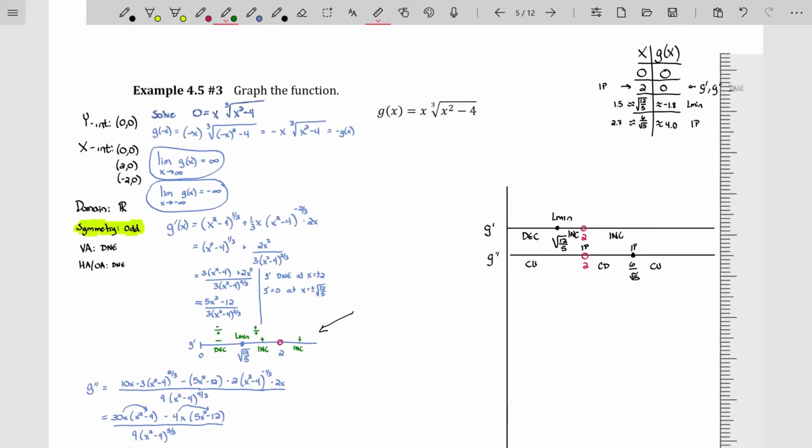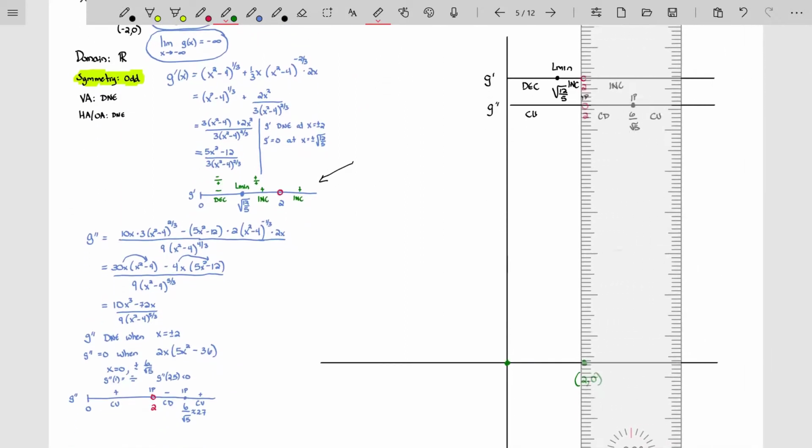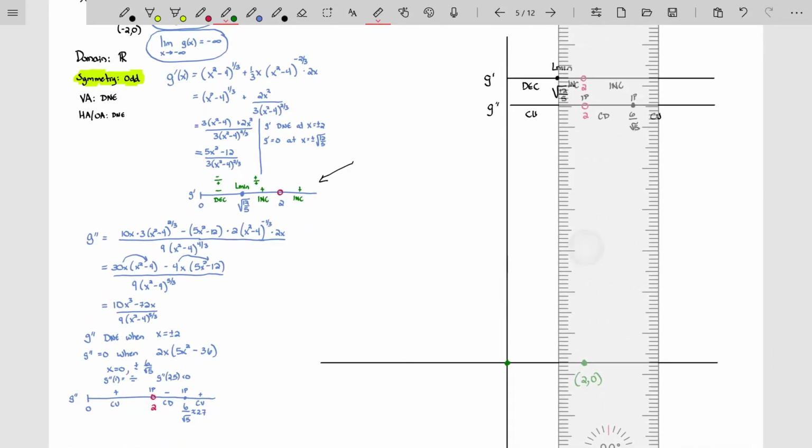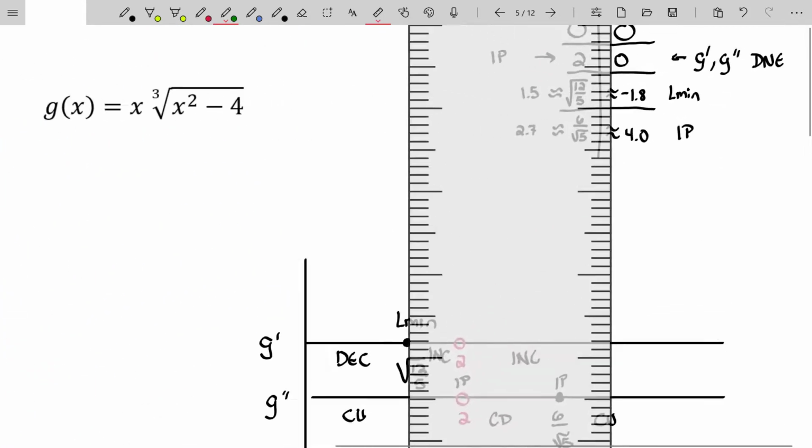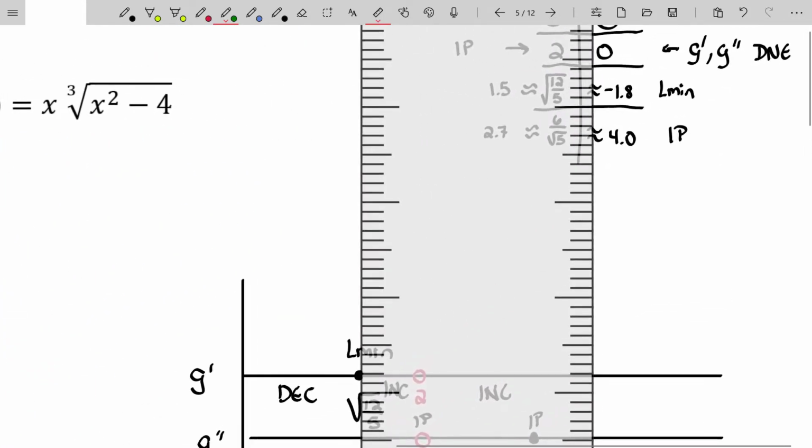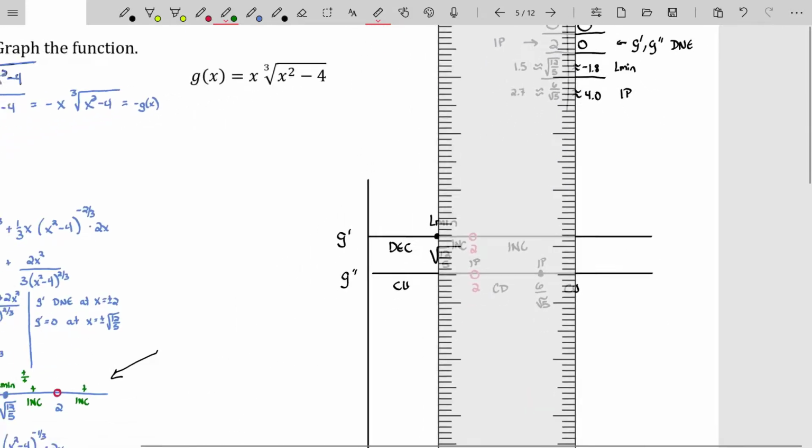And let's see what else is in my table. 1.5 comma negative 1.8. So 1.5, which is right about here where that root of 12 over 5 is, and a negative 1.8. I haven't labeled my y values yet, so let me take a look at these y values. The highest y value I need is 4.